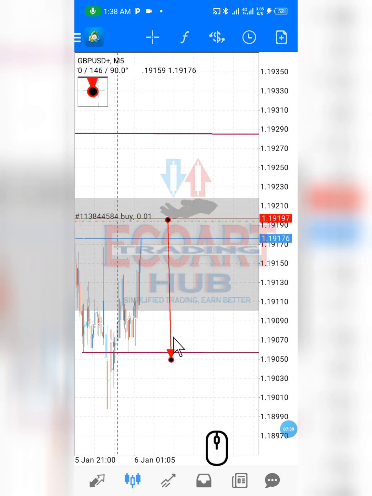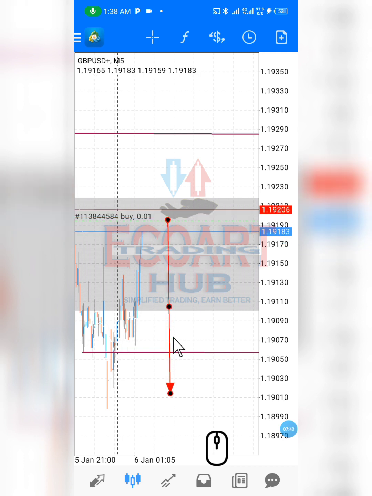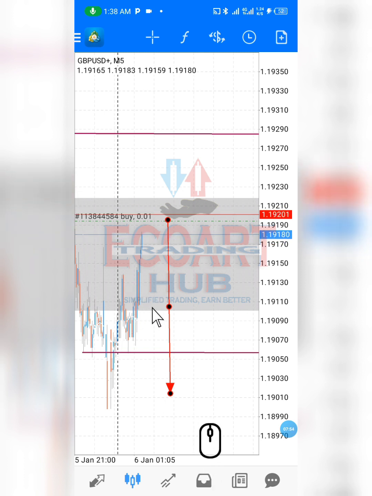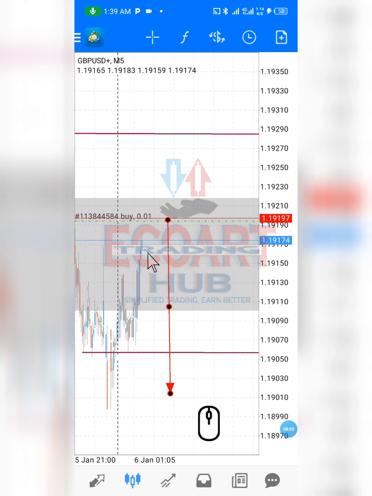Though my stop loss is quite far, the point where we would have taken this trade is on this point, so we'll have a smaller stop loss. So that's the reason for having a good entry. If you want to know how to get good entries, you watch our videos on how to catch the market at the best price.